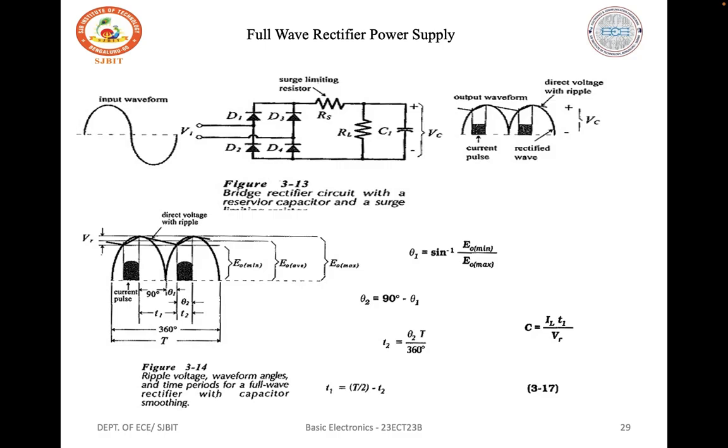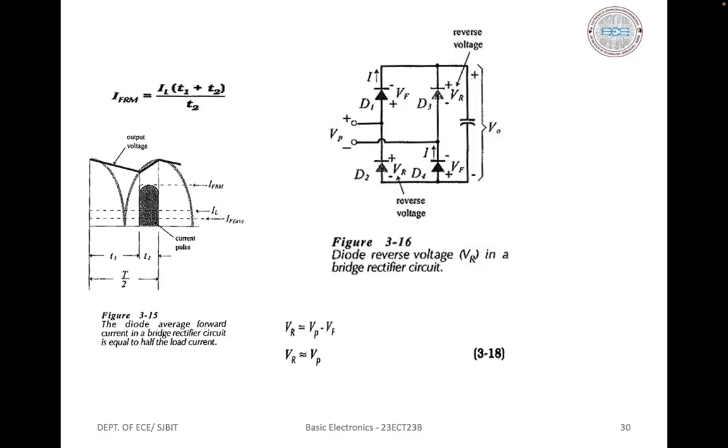Therefore, the reverse voltage across D3 is VR is equal to Vp minus Vf, and VR is approximately equal to Vp. So examination of the circuit in this figure shows that VR is approximately equal to Vp, and this applies to each diode when it is reverse biased.